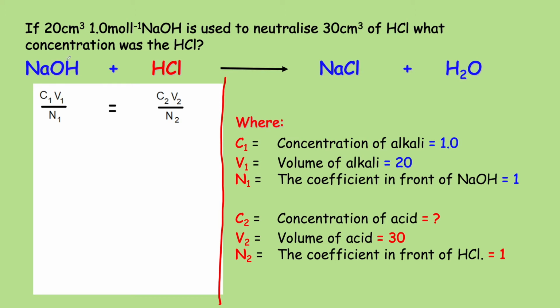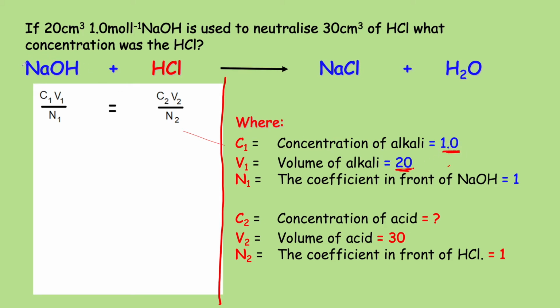Now we know from the question that we have 20 centimeters cubed of 0.1 mole per litre NaOH. So we know that the volume is 20 centimeters cubed, which is here, okay? And we know that we have 1 mole per litre, which is a concentration, which is here.